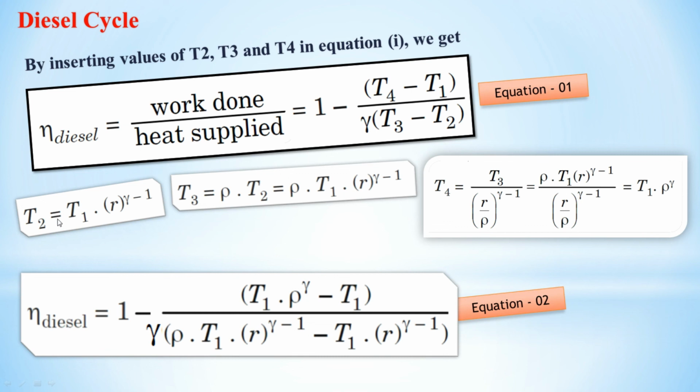Further we can simplify the equation, and here you can see that in all the equations R and rho are there, in terms of compression ratio and cutoff ratio, and in terms of temperature. Whenever we put the values of T2, T3 and T4 in terms of T1, rho and R raised to gamma, we can easily simplify the equation.